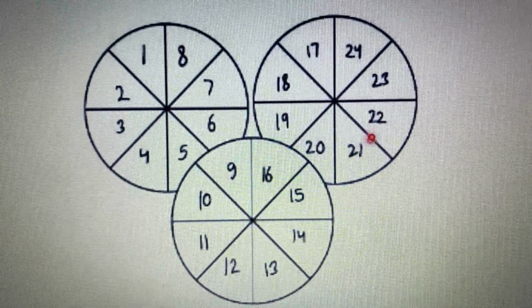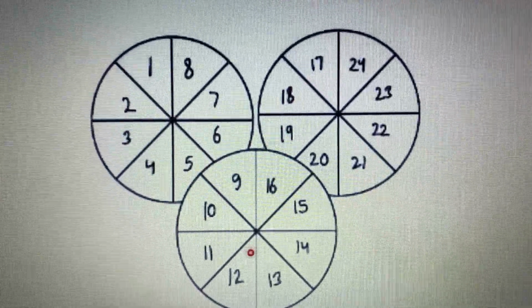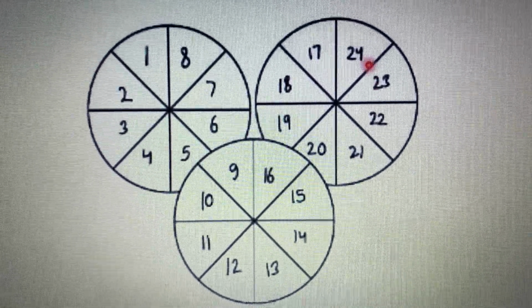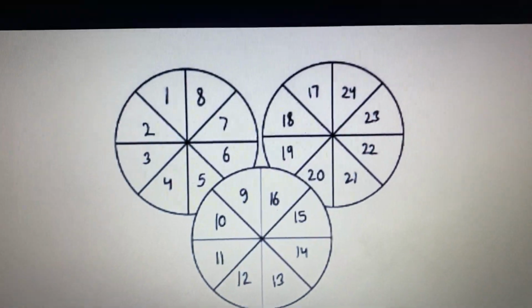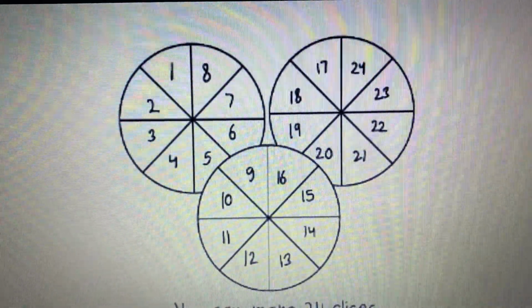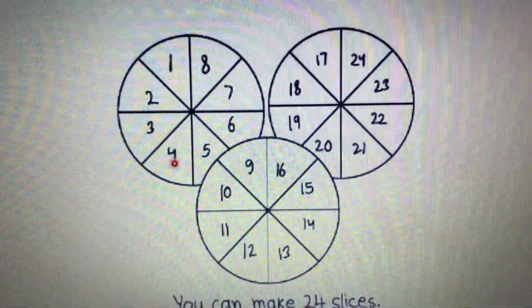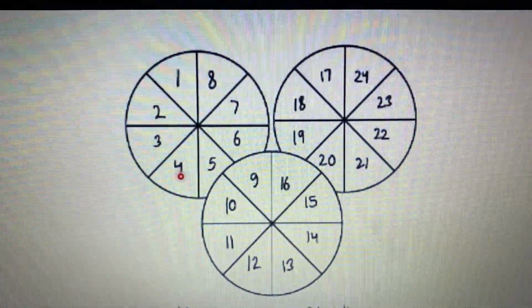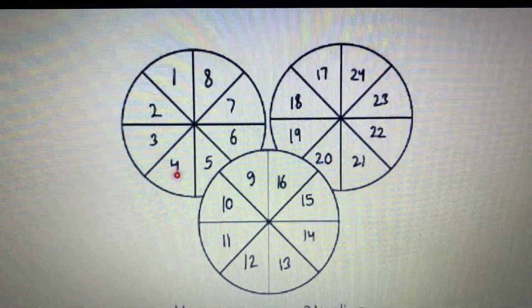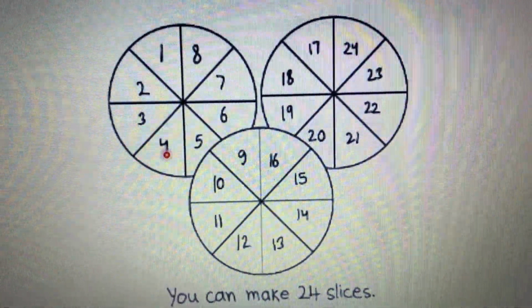The third one also I divided into 8 equal parts, so 8 and 8, 16, and 8, 24. So you can make 24 slices, or you can think about it as a multiplication. Since I have 3 pizzas, I can say that 3 times each one is divided into 8 equal parts. So 3 times 8 equals 24 slices.